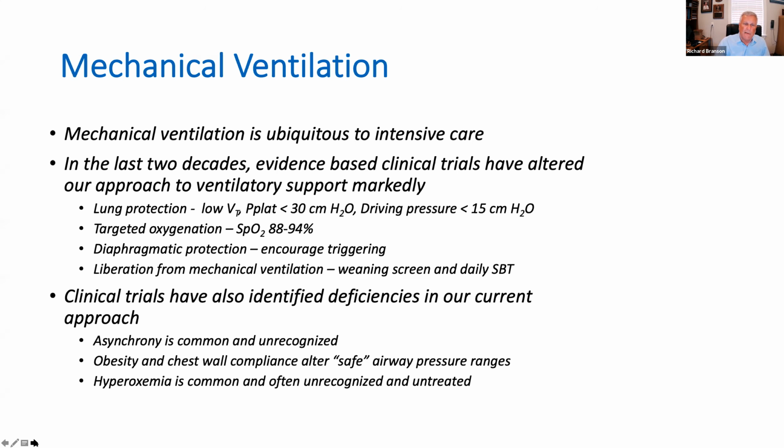This concept of diaphragmatic protection, reducing ventilator-induced diaphragmatic dysfunction by encouraging triggering the patient, to be assisted by the ventilator. And of course, in the early 2000s, the change from weaning to liberation from mechanical ventilation using weaning screens and daily spontaneous breathing trials.